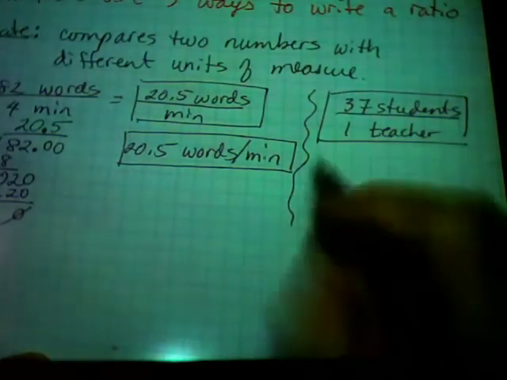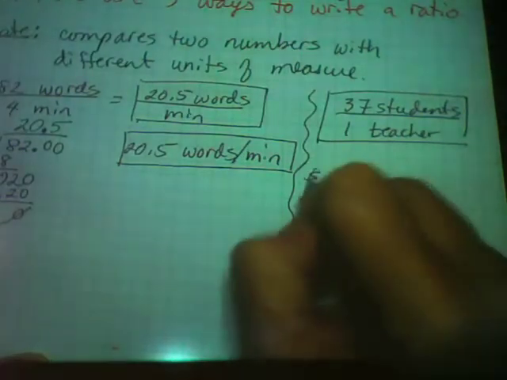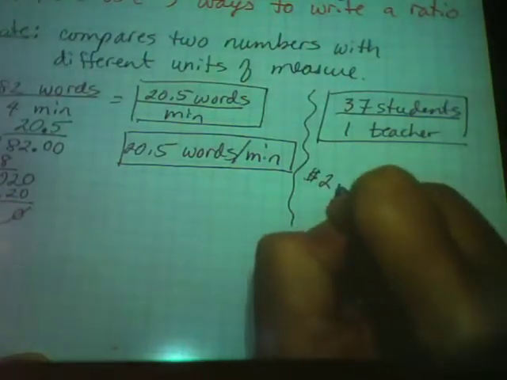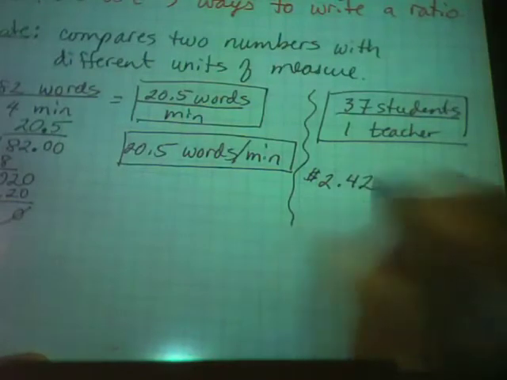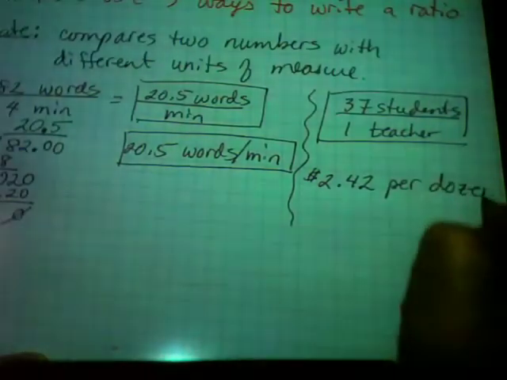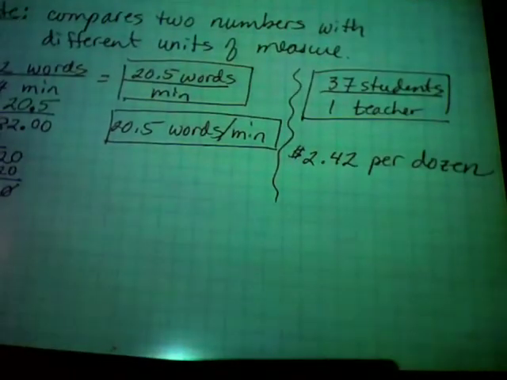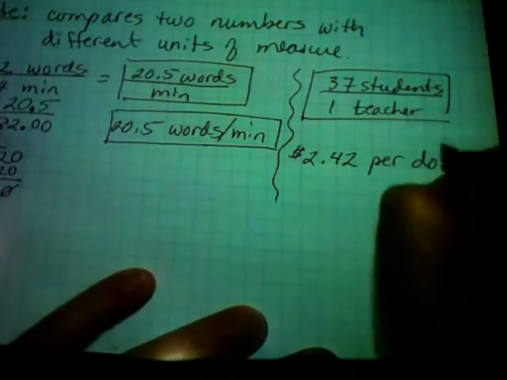How about this one? $2.42 per dozen. Is dozen a unit of measure? It's 1 dozen, 12, but what if I wanted it per item?